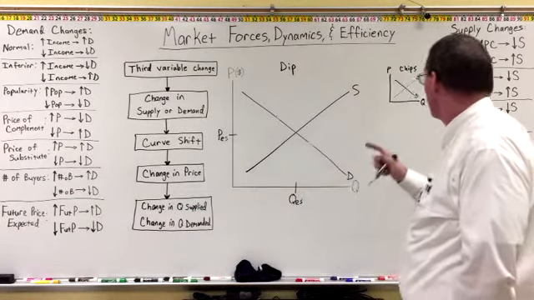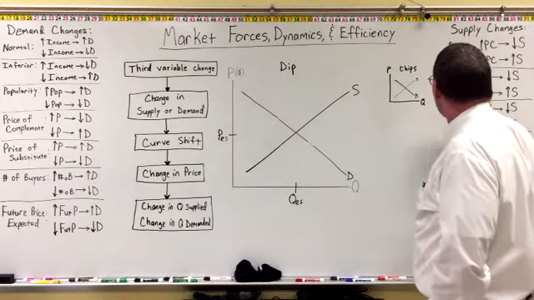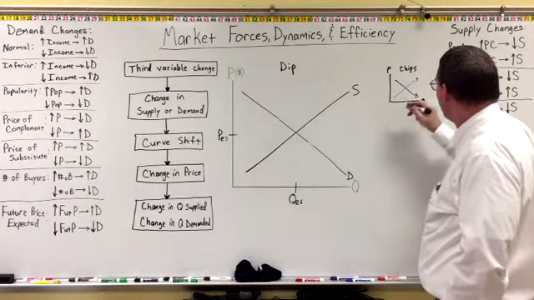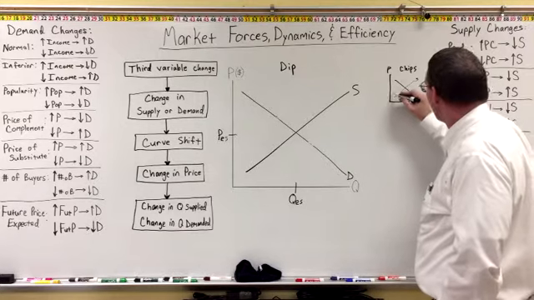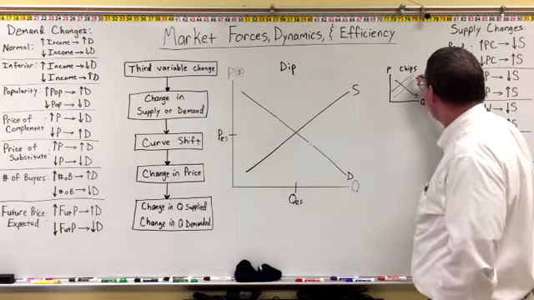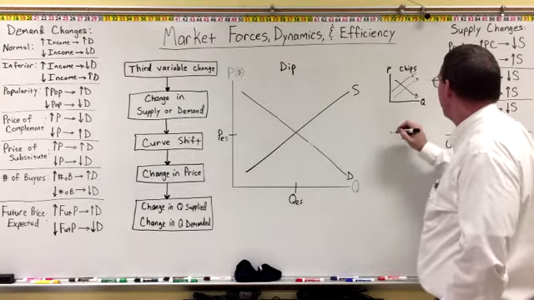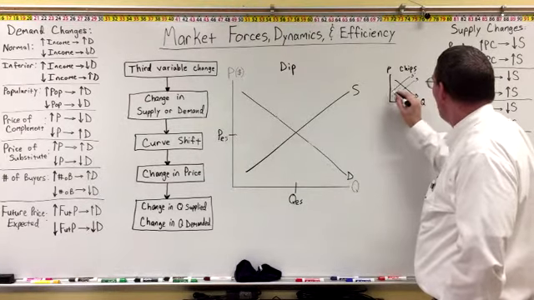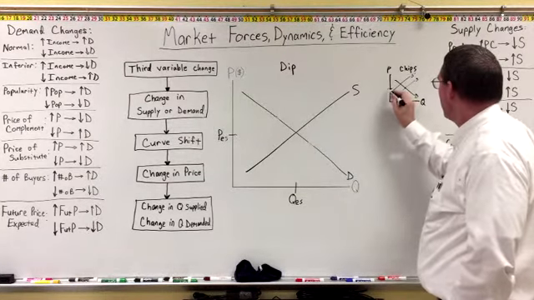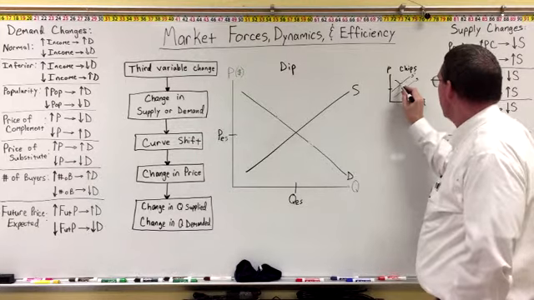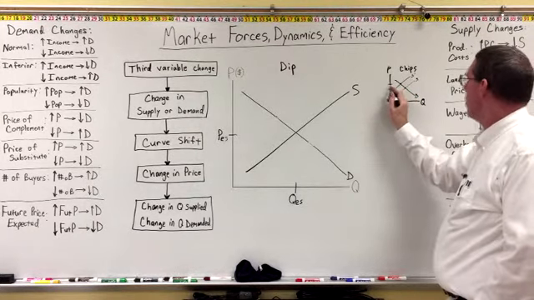I don't know what it is. But the price of some input goes up in the chip market, and so the supply curve shifts to the left. And now we have S prime. Well, this is the old equilibrium price. Now look, the equilibrium price in that market has gone up.